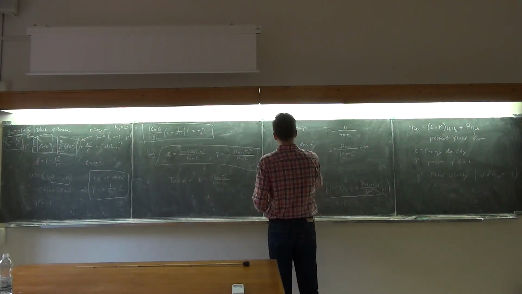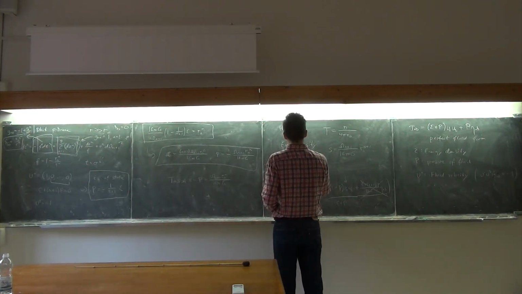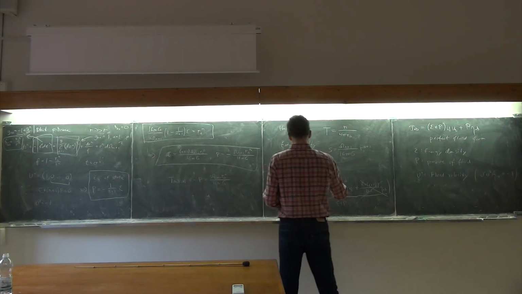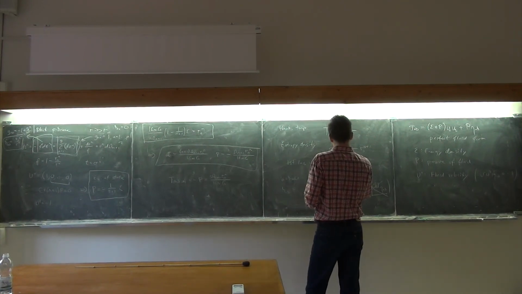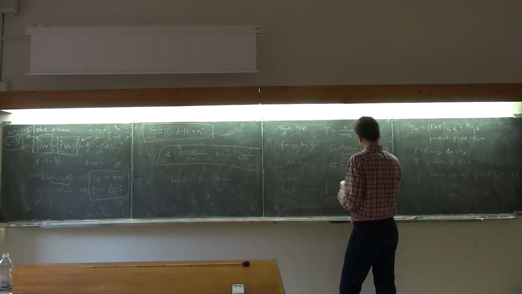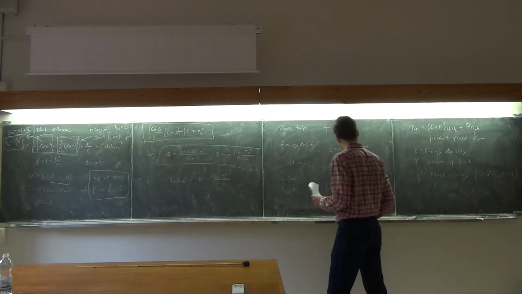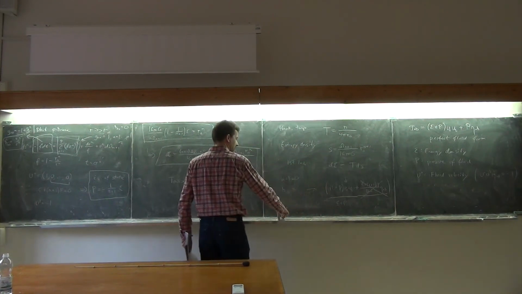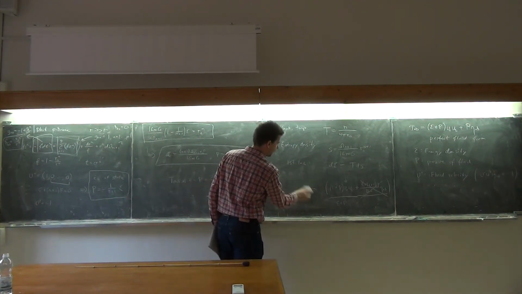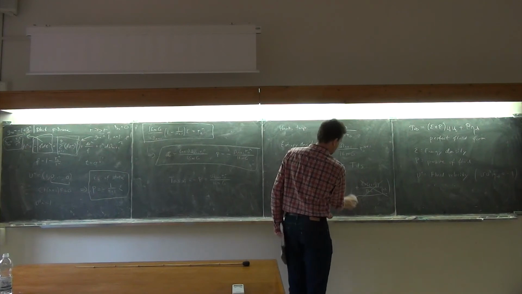And then you have a first law of thermodynamics, which means that the variation of the energy density is equal to the temperature times the variation of the entropy density.